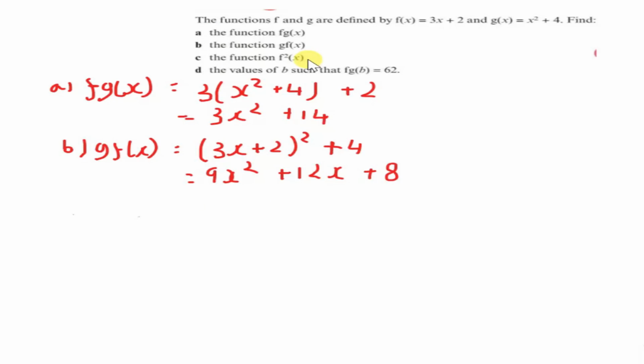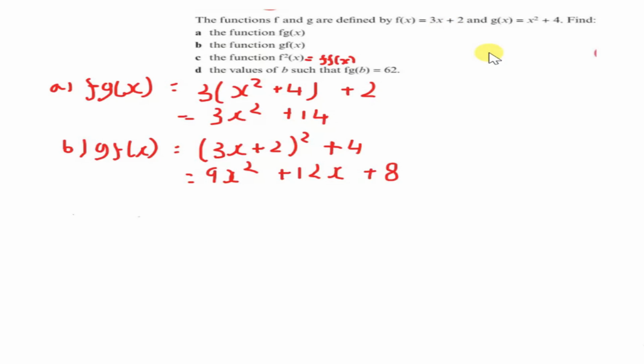So part C is telling us to find the function of f squared of x. That's the same as saying f of f of x. Alright, so we're doing exactly the same thing, except we're taking its own function, 3x plus 2, and plugging it in to where this x is.